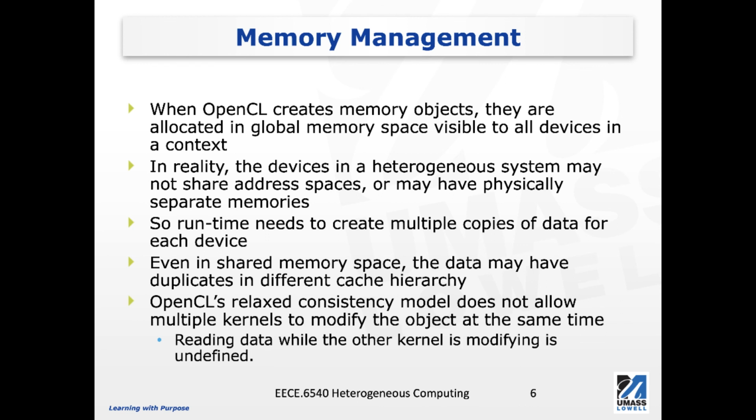So the OpenCL runtime has to create multiple copies of the data for each device. And that's the job of memory management. Even in a shared memory space, the data may have duplicates in different cache hierarchies for the goal of improving access efficiency.